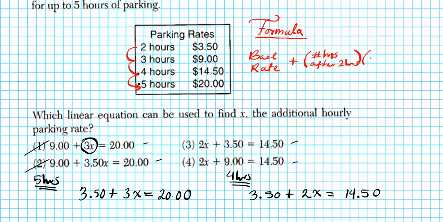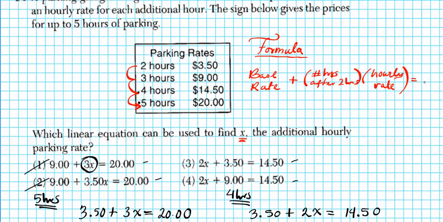That multiplied by the hourly rate. So in this case, the hourly rate is x. That's what was indicated for us. We're looking for the equation to solve to find x, the hourly rate, okay? And that should give us a charge.